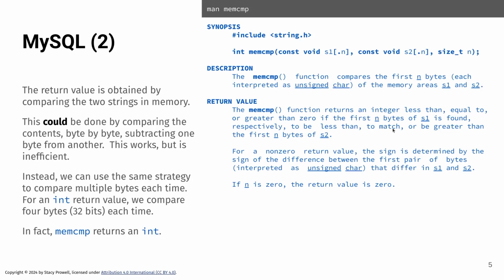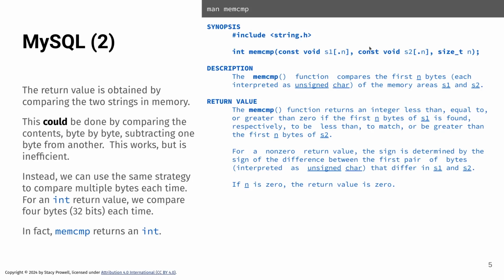If it matches, I return 0. If it's greater, I return a number greater than 0. There you go. For a non-zero return value, the sign is determined by the sign of the difference between the first pair of bytes that differ in S1 and S2. If it is 0, the return value is 0, right? If I compare two empty strings, fine, they're the same. So there you go. That's how it's supposed to work.